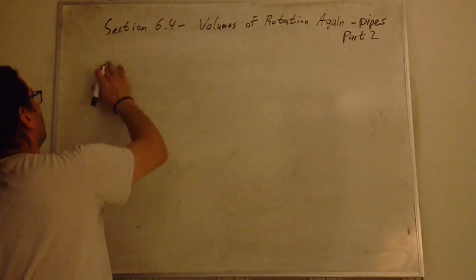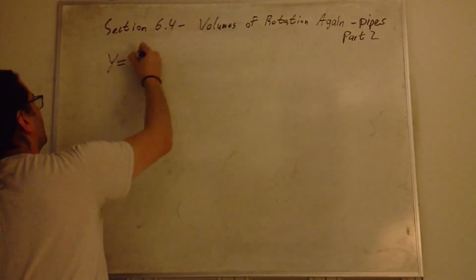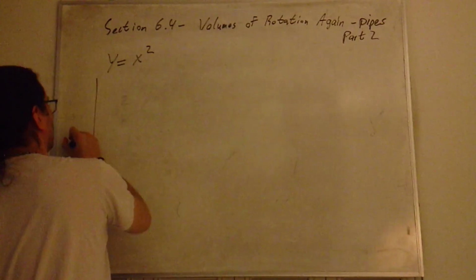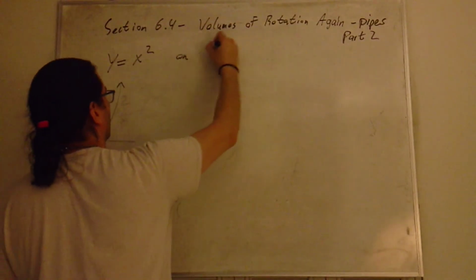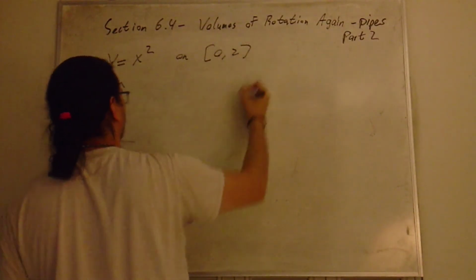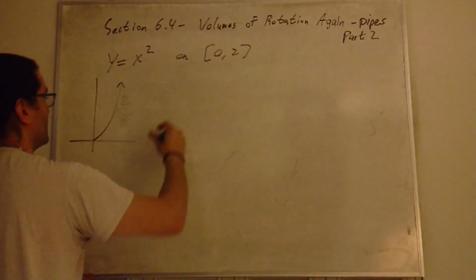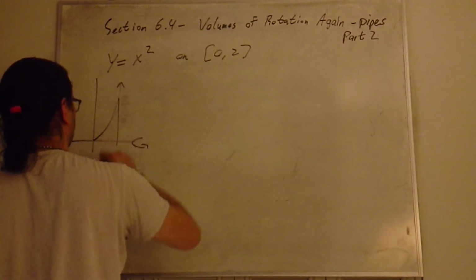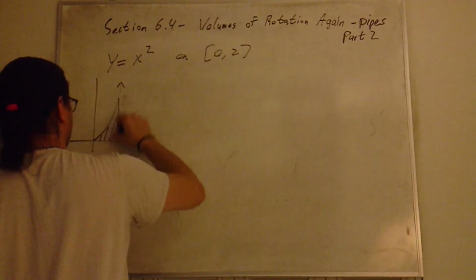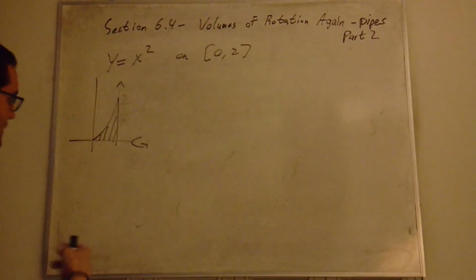So let's say y equals x squared. That would be this guy on 0 to 2. But I want to rotate around the x-axis. So I'm taking this area, spinning it this way.